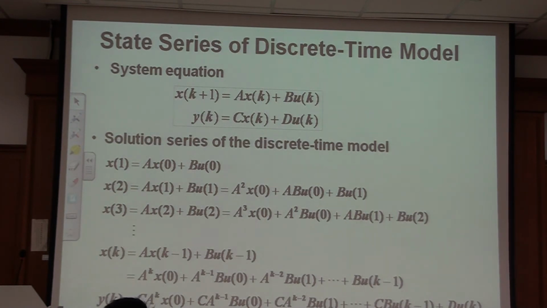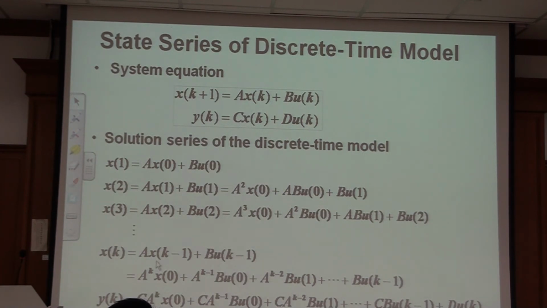All right. Now, however, if the system is stable, then all eigenvalues, I should say in the discrete model, this is the discrete model.